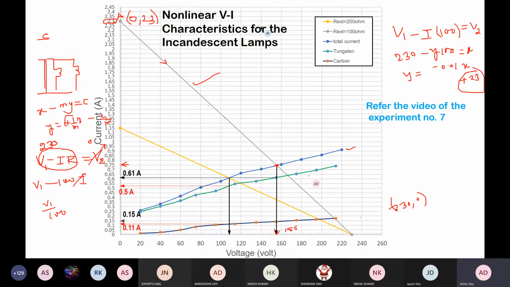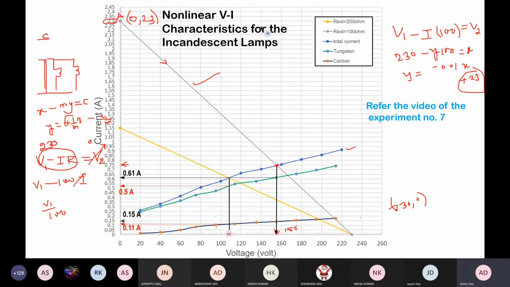For that, we are taking help of these two VI characteristics. Green one is for the tungsten, so at 155 we have drawn the VI characteristics for the tungsten filament lamp. From 155 volt drop, what is the current that we can find from this graph? Which is 0.61, right?